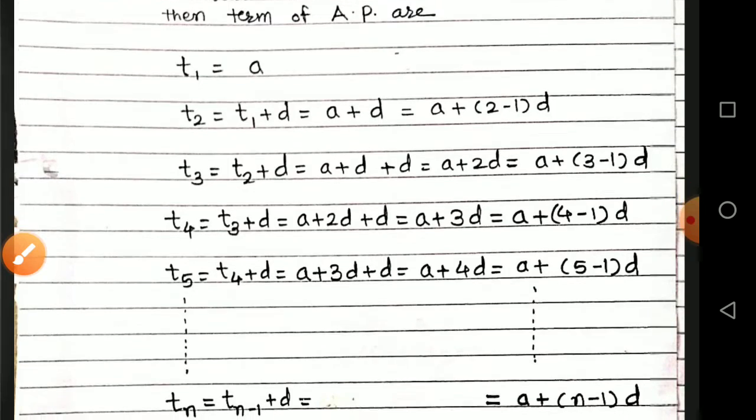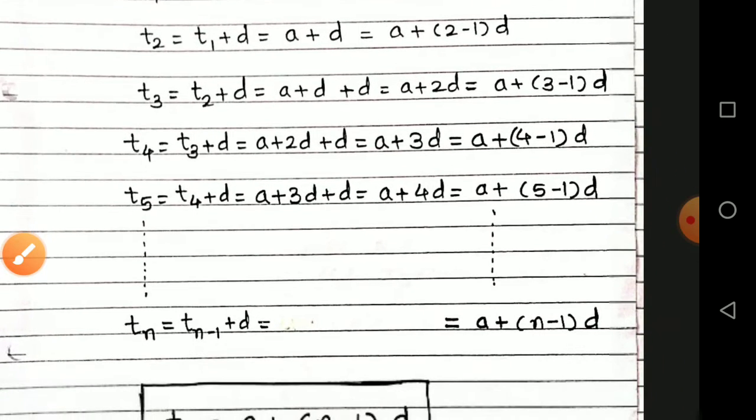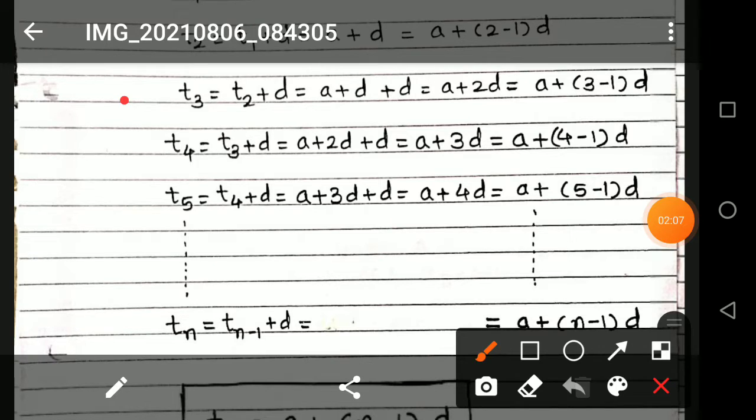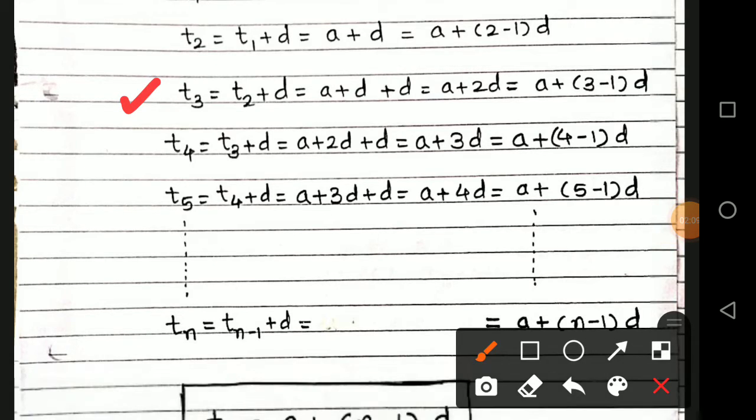Now T3. How to write the third term? This is the third term, T3. The previous term is T2. If we add the common difference d to the previous term, we can form the next term. To form T3, I have added d to T2. T2 means a plus d.